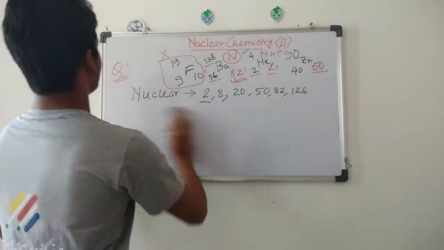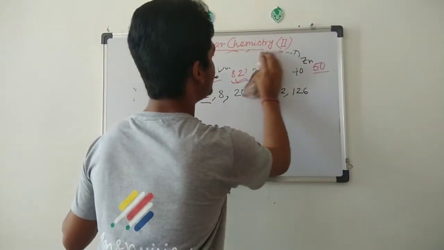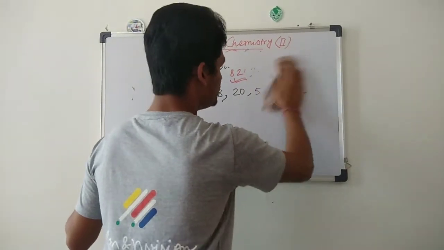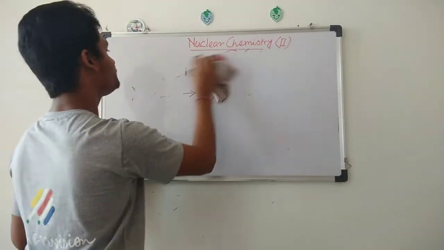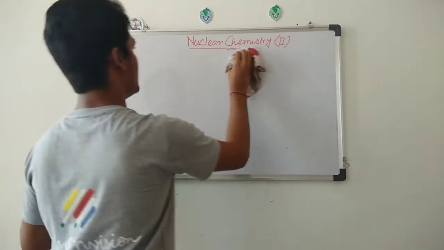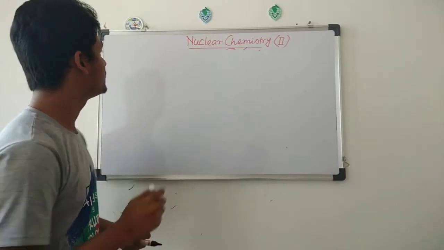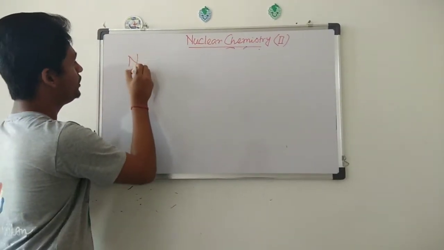Now these are all the characteristics. I already told you some rules and magic numbers. Now let me come to the most important part of this chapter. What is this? The NP ratio.